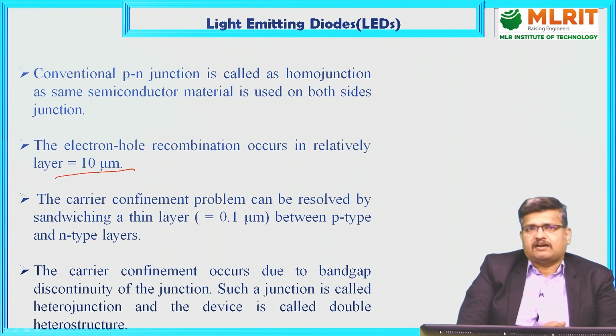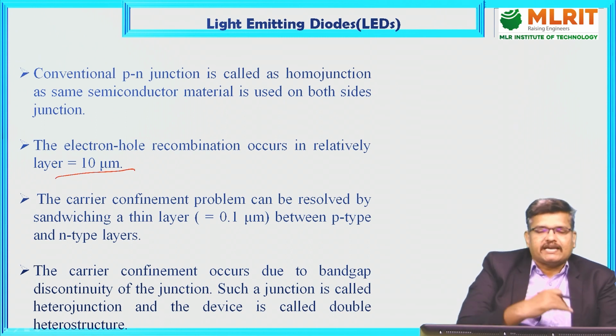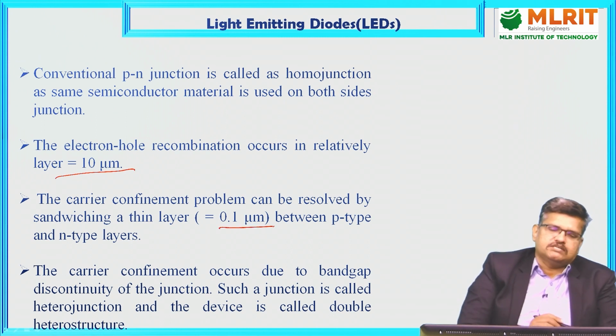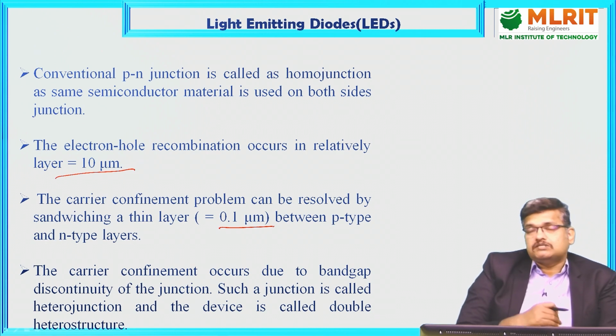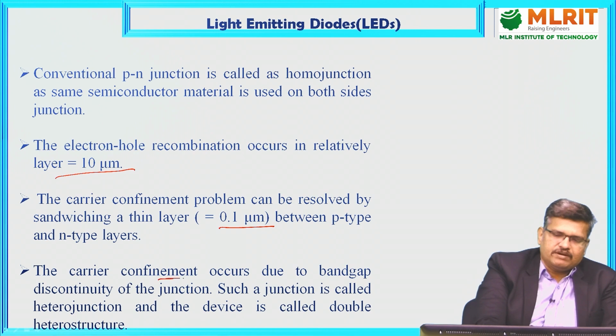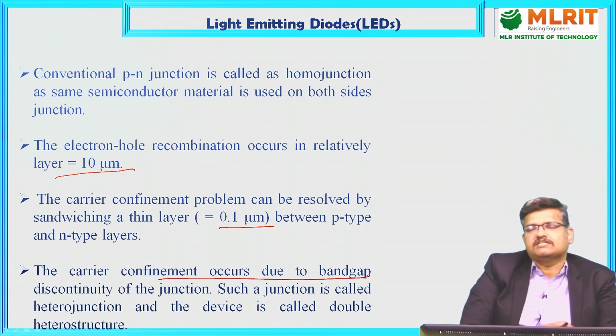The carrier confinement may be resolved by sandwiching a layer of 0.1 micrometer between the P and N type. The carrier confinement occurs due to band gap discontinuity of the junctions, even though it is 0.1 micrometer. Such a junction is called a heterojunction, and this device is called a double heterostructure.